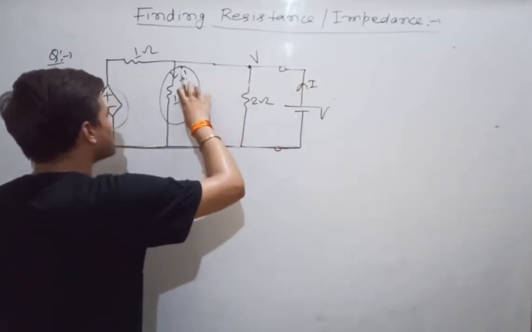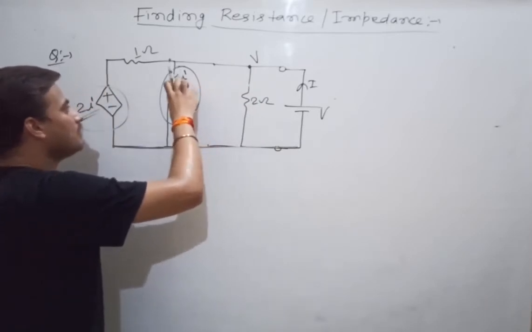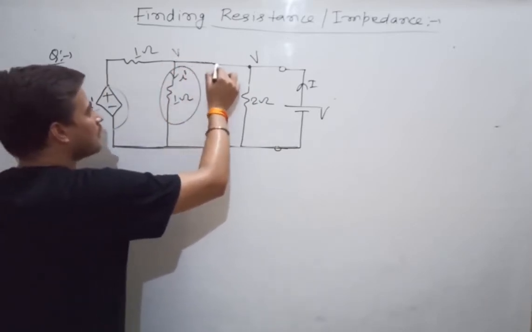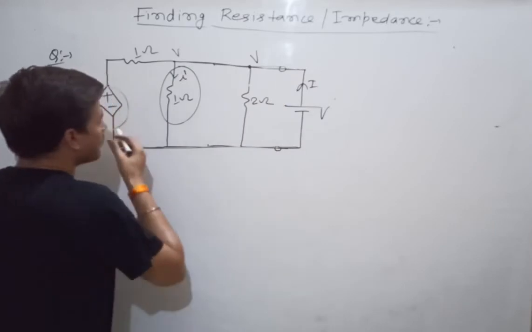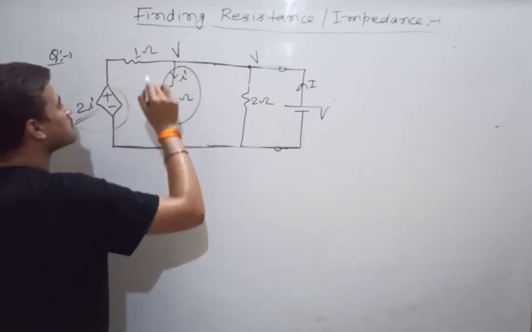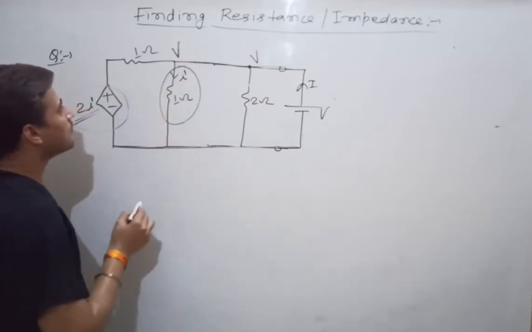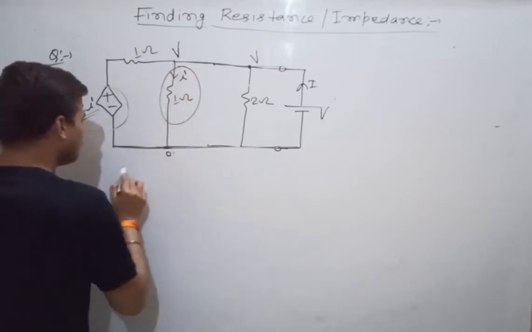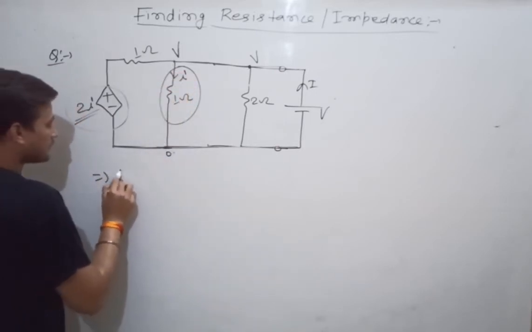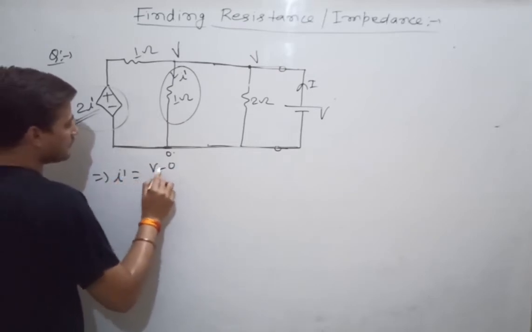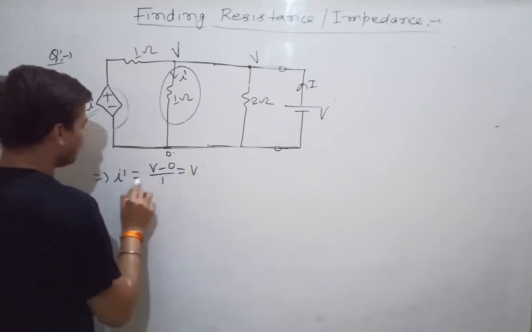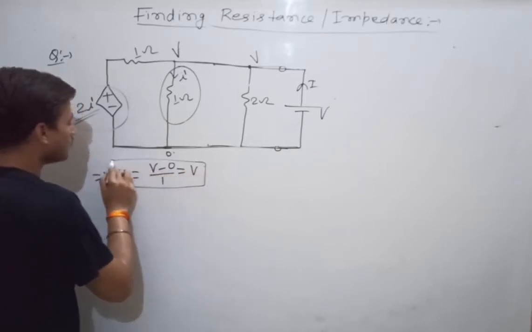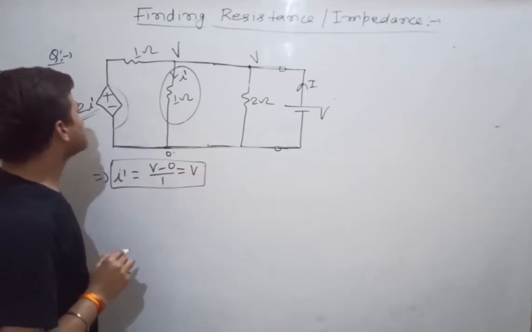Come to this one. Here also the potential will be V volt because the wires are shorted. If here the potential is V, here the potential is 0. So I dash will be equal to V minus 0 divided by 1. That means I dash is equal to V.